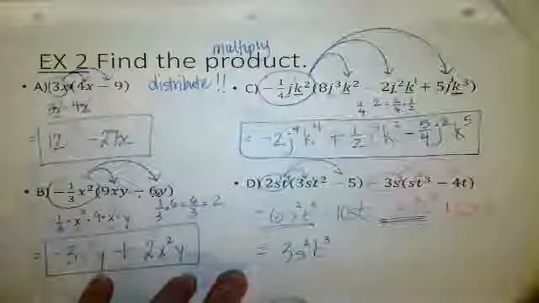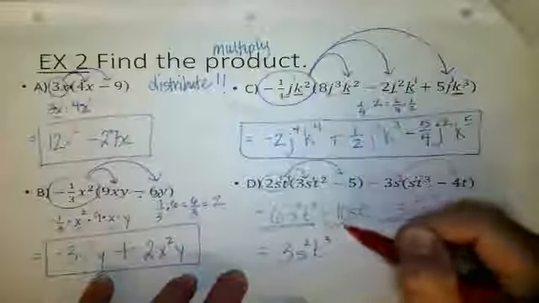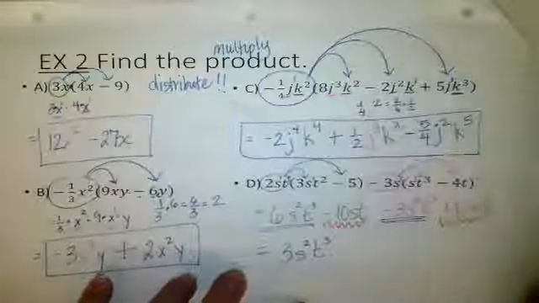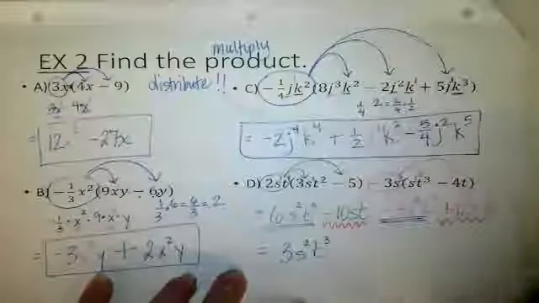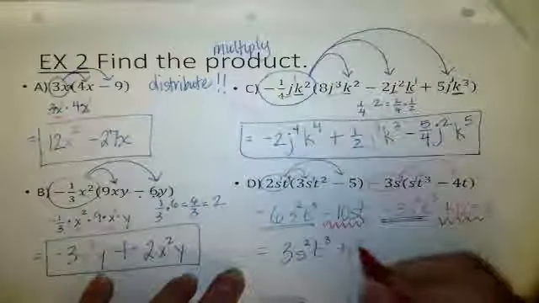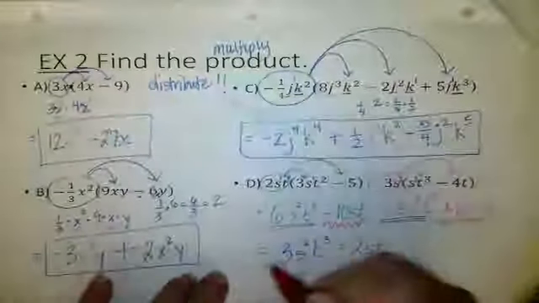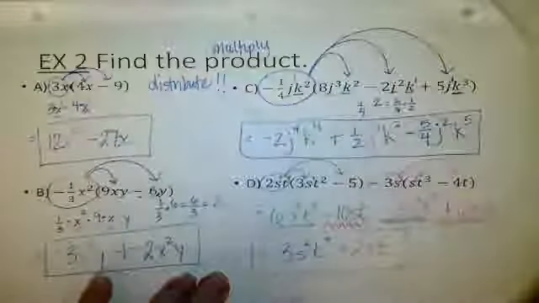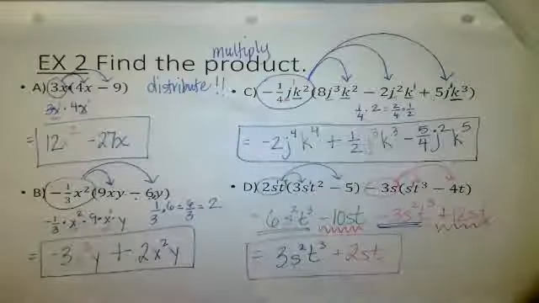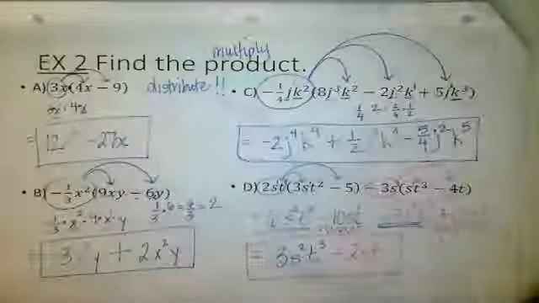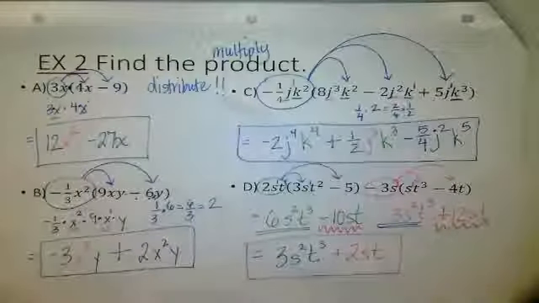And then I have a negative 10st and a positive 12st, and those would combine to give you positive 2st. Very good. All right, ladies and gentlemen, do you have any questions for me? Really, this just takes a little practice.